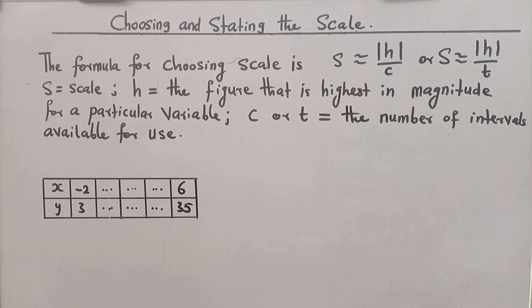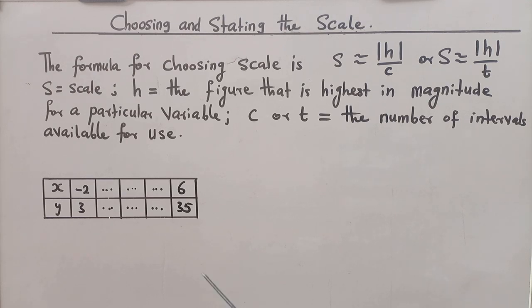They include the positive Y, the negative Y, the positive X, and negative X. This T is number of intervals available for use on that sub-axis that is used for choosing the scale.